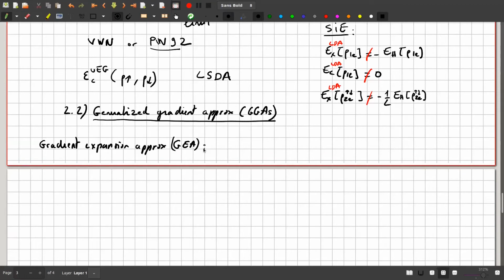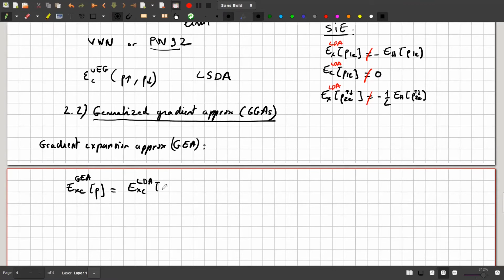The idea is to do a systematic expansion in terms of the gradient of the density. So you can see that as a sort of semi-classical expansion starting from the local density approximation. So you can write the exchange correlation energy functional in the GEA as the LDA, which is the first term, which is exact if the density is constant. But if it is not constant, then you have other terms.